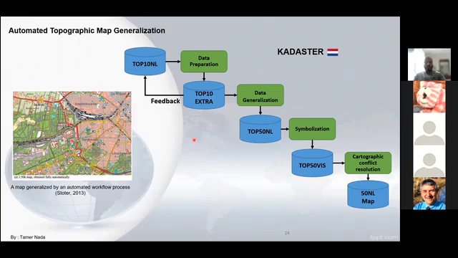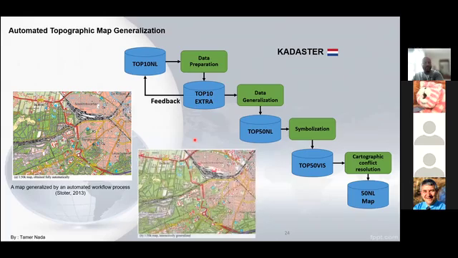This workflow consists of 3 models, each one has some submodels that are responsible for solving each specific generalization problem. Over here, this is the fully automated generalized 1 to 50 map by the model, and this is the one interactively generalized by cartographers. I know it's hard to see the difference, but there's a high correlation between both of them. So this was proven to be a good example in the Cadastar.